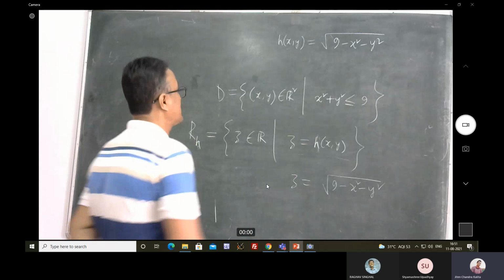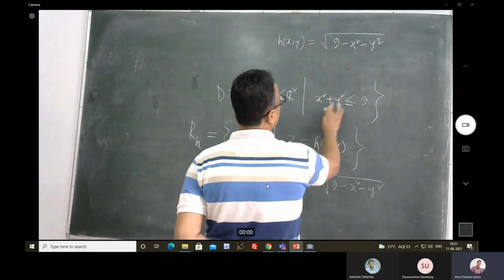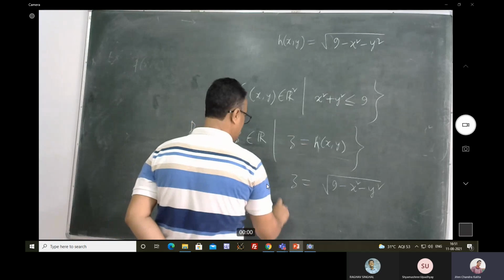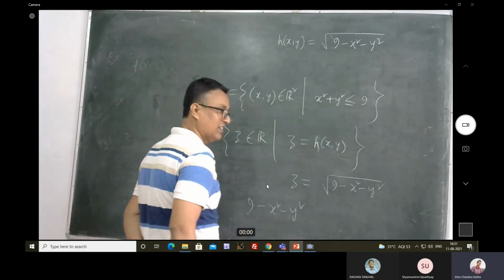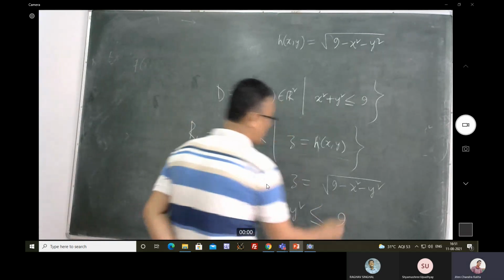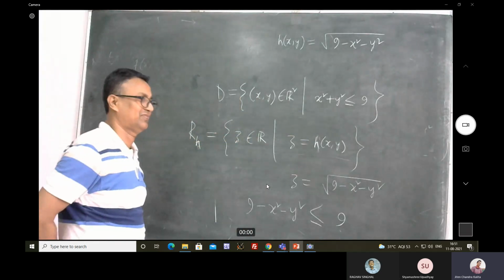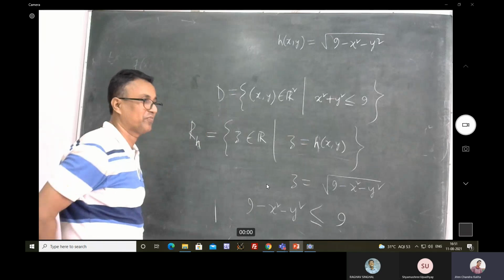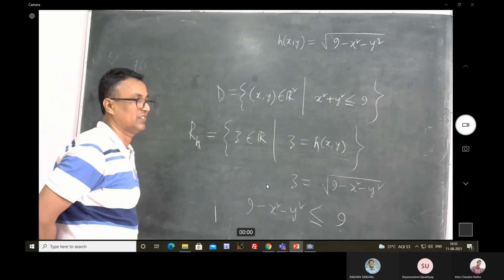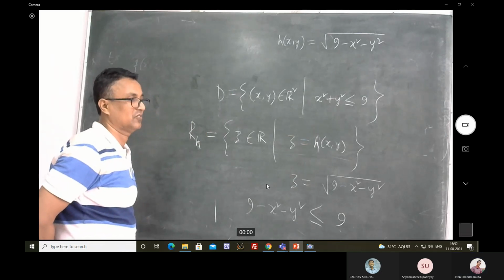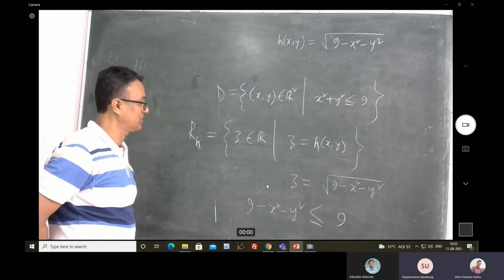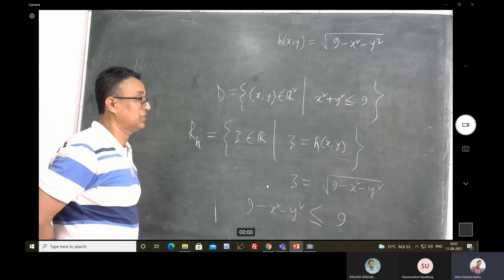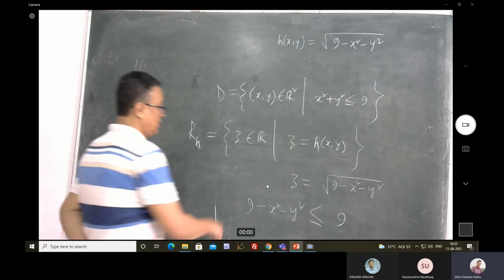Now you can see that if x squared plus y squared is less than or equal to 9, then 9 minus x squared minus y squared is always going to be less than or equal to 9, if x, y belongs to D. I'm not talking about greater than or equal to 0 here.